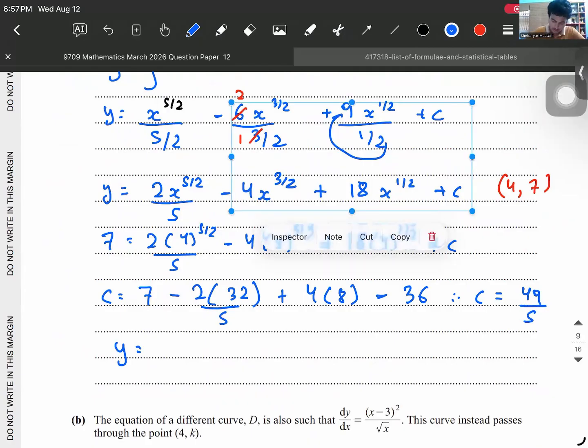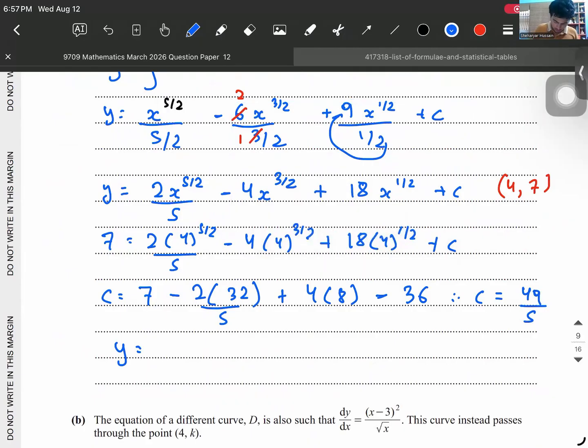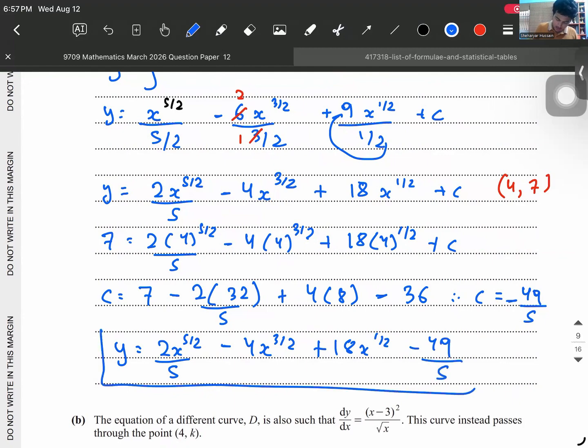So let me see if I can copy this down. Nope, cannot copy this down. So just need to write everything down. Plus 18x to the power of half, negative 49 upon 5. That is your answer. All right.